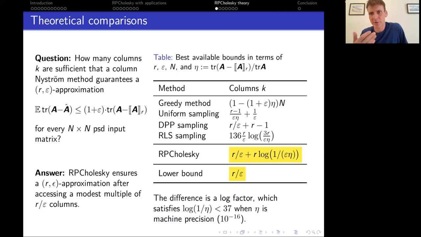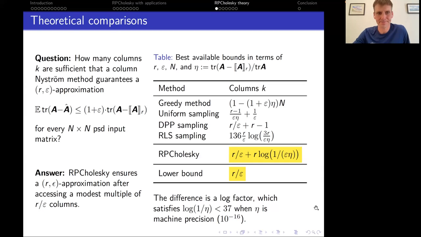For all the actual data sets where I've evaluated eta, log 1 over eta would be more like 6. So this bound is pretty comparable to the best you could possibly do, up to a factor of maybe 6, if you set epsilon equals 1, for example. And there's no prefactors. You'll notice that the available bounds for RLS sampling have a prefactor of 136, which is probably not sharp.